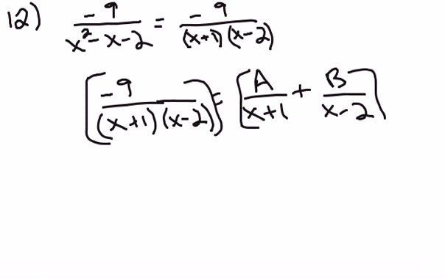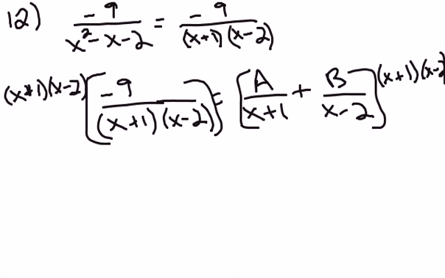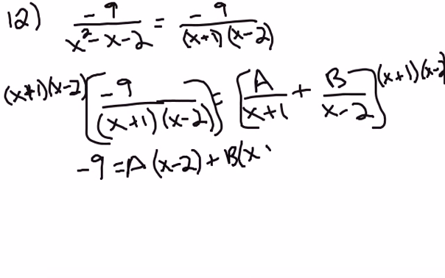Multiply both sides by x plus 1, x minus 2. I'm left with negative 9 equals a times, here the x plus 1s will cancel, so I'm left with a times x minus 2 plus b times x plus 1.